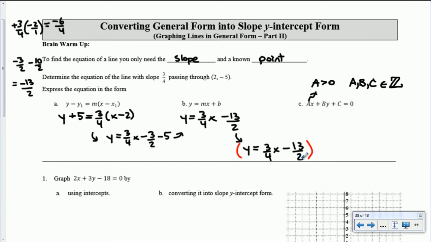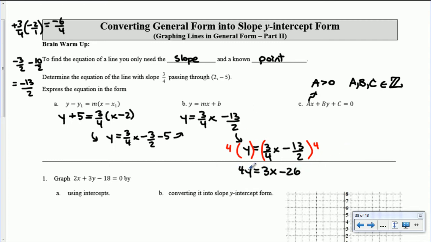2 is divisible by 4, right? So if I multiply everything by 4, we get 4y. 4 times 3/4 works out to be just 3x, and 4 times -13/2 simplifies to -13 times 2, and that is -26.